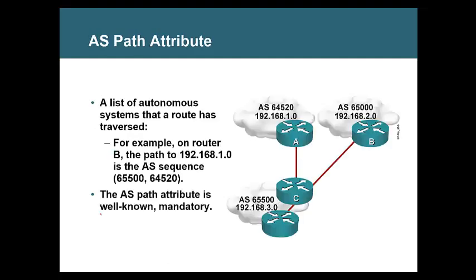This describes the AS path. If you notice here, the 192.168.1.0 network, when it is learned here, it learns the network with these two autonomous system numbers.